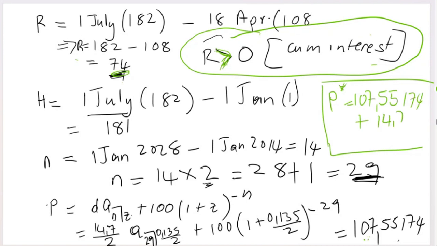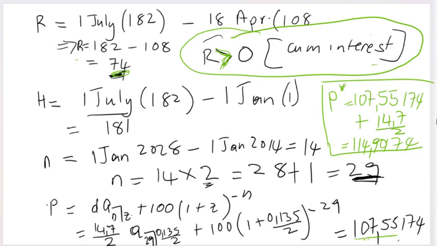So your P going forward, to calculate the clean price and all-in price, is 107,55174 plus a coupon of 14,7 over 2. So now your present value that you are going to be working with is 114,901.74, and not this one.